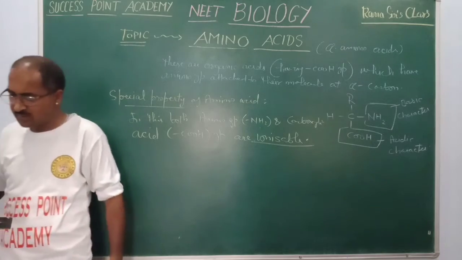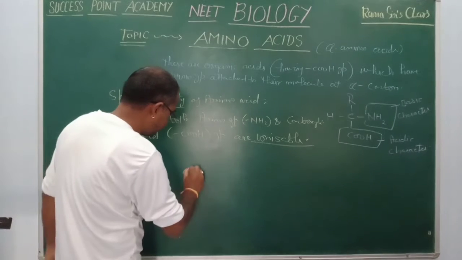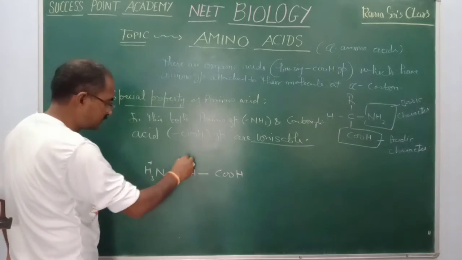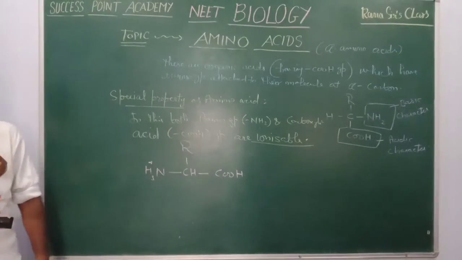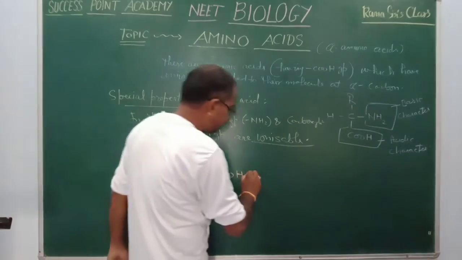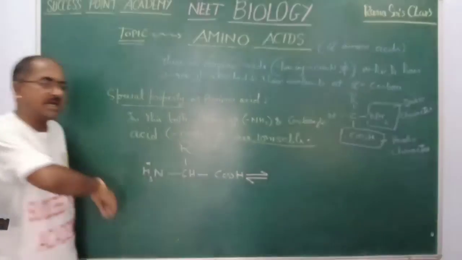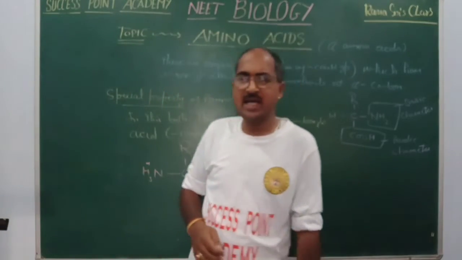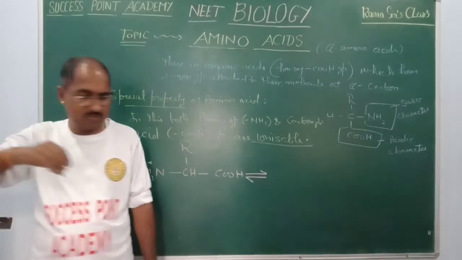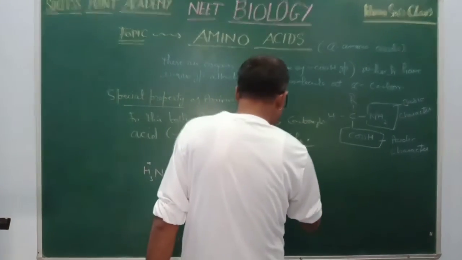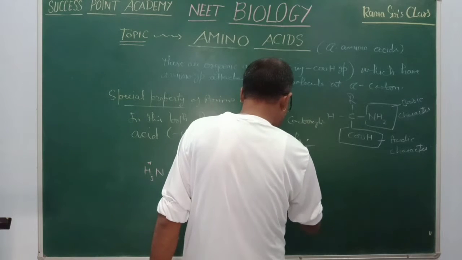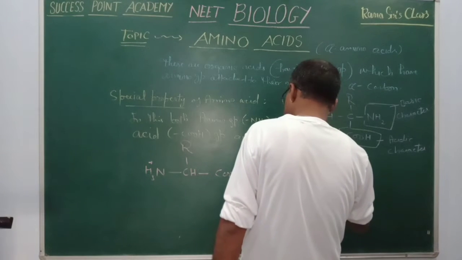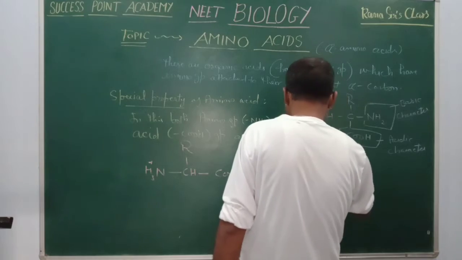This is one. Second one will be zwitterion, which you have already studied, having both positive and negative parts.